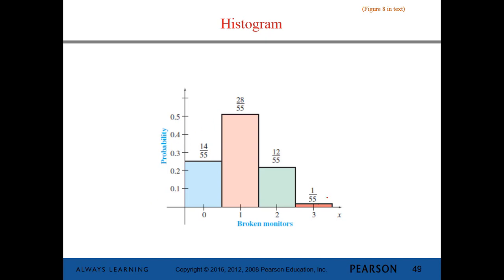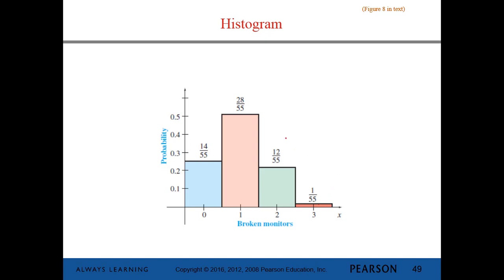We could also answer questions like, what's the probability based on this histogram that we get at least one broken monitor? What does it mean that we have at least one broken monitor? Think about what we've talked about in probability. At least one means that we either have one, or two, or three. Or means addition.